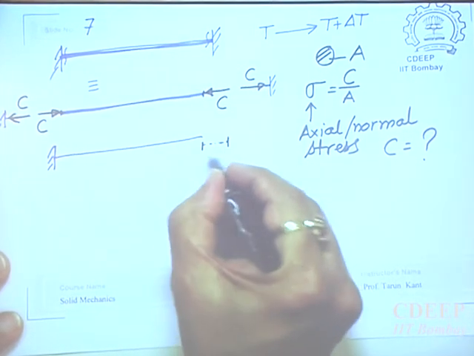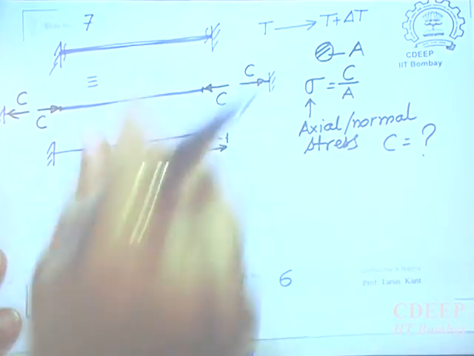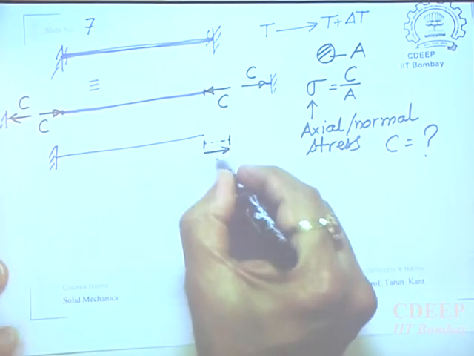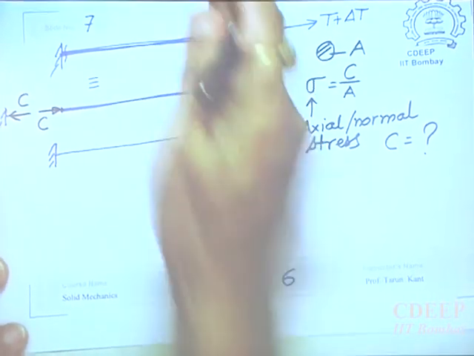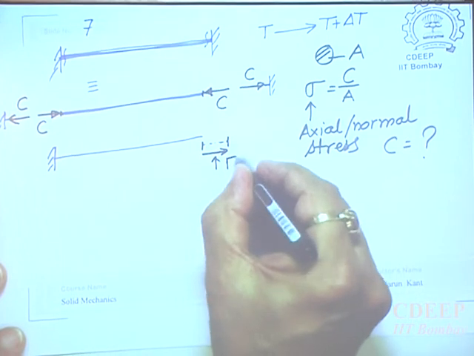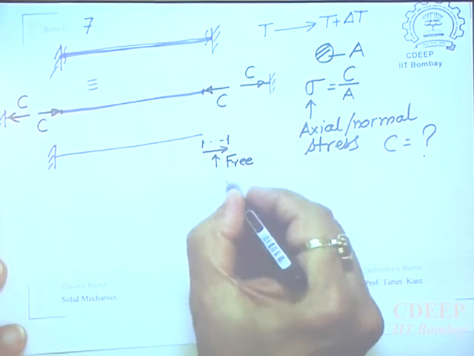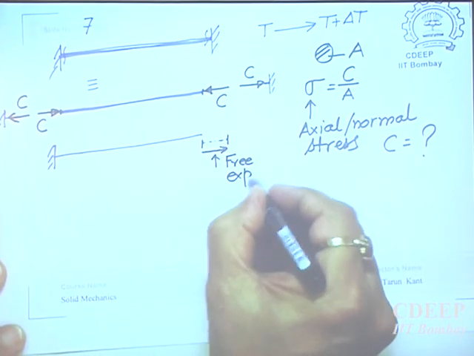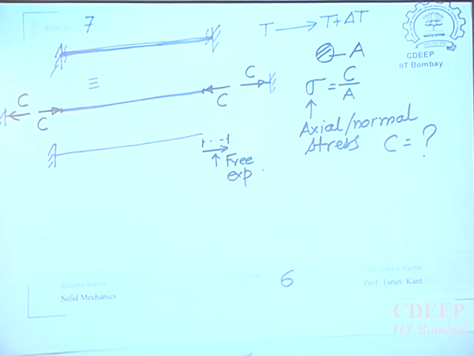This much would have been the expansion, free expansion. So this is the free expansion, in case you remove this support. And this you can find out. What is the amount of free expansion?